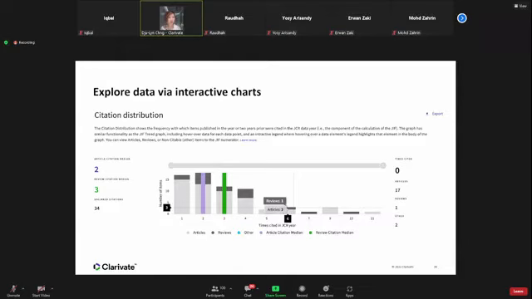We also have citation distribution charts available that would give you an idea of which document types get more citations within that journal.